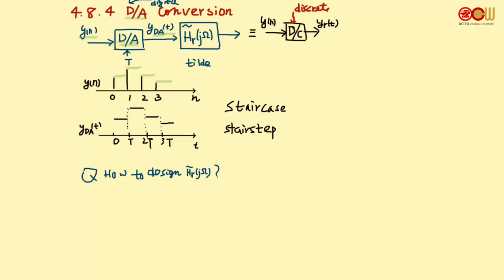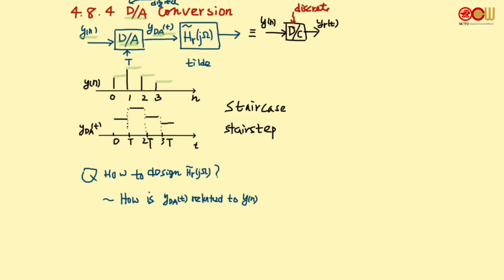How do we design the compensated reconstruction filter H_r tilde? For this, we need to first answer the question of how y_DA(t) is related to y[n].